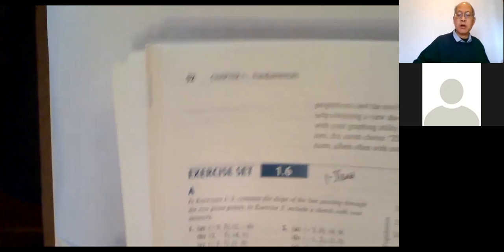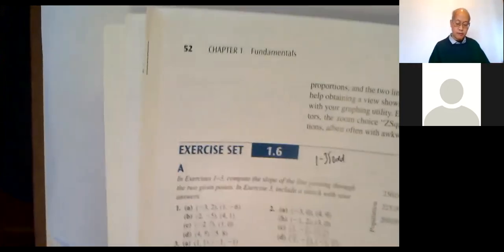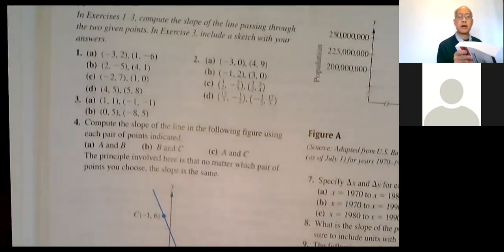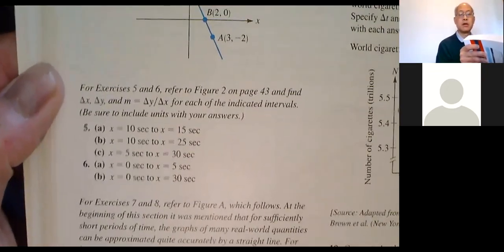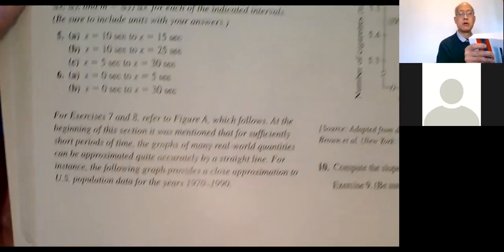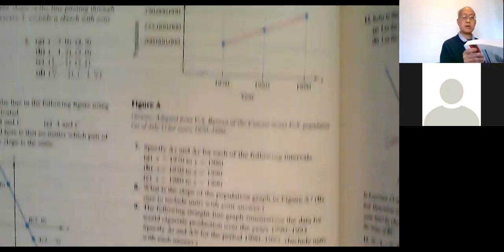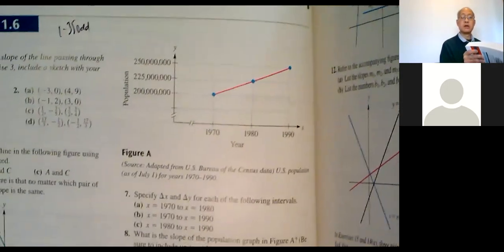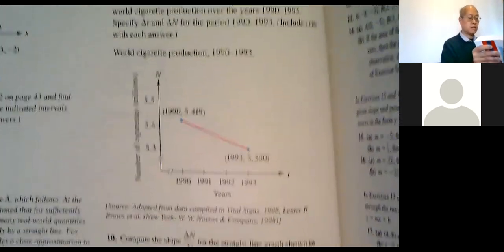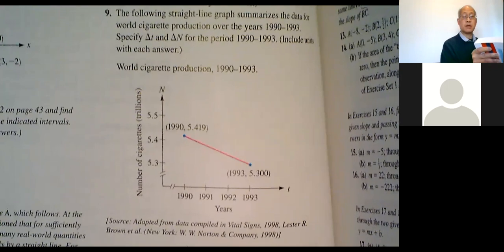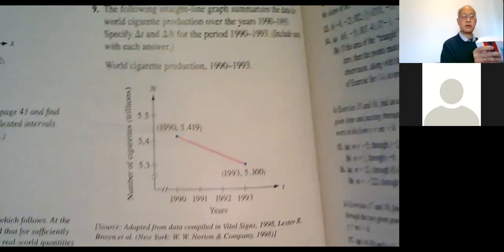Okay, so 1.6, page 52. Okay, 1 to 35. Again, I'll show you all the problems in case you never plan on getting to buy the book. So raise it up. So there's some problems and some more. And then problem 7, 9. Okay, yeah, that should be 9, I think. Yeah, there.